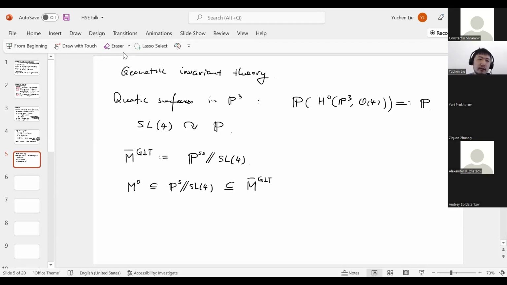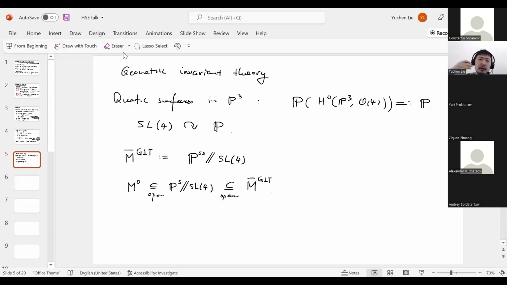Indeed, there's a new proof using K-stability, but again, we know there is this containment. All right, and it turns out that for GIT, it's relatively easy to estimate the codimension of the boundary. For instance, if you parameterize surfaces of certain degree, then those surfaces with worse than A1 singularities will have codimension at least 2.